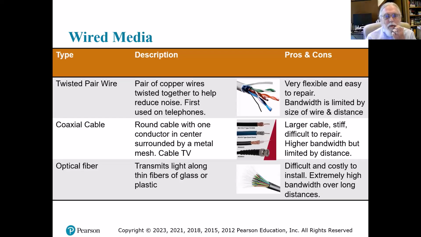And what that allows you to do is to transmit at a much higher bandwidth than you can with copper wire. And they can do some interesting things with fiber optics, sending multiple signals down the same piece of transmission glass or plastic.